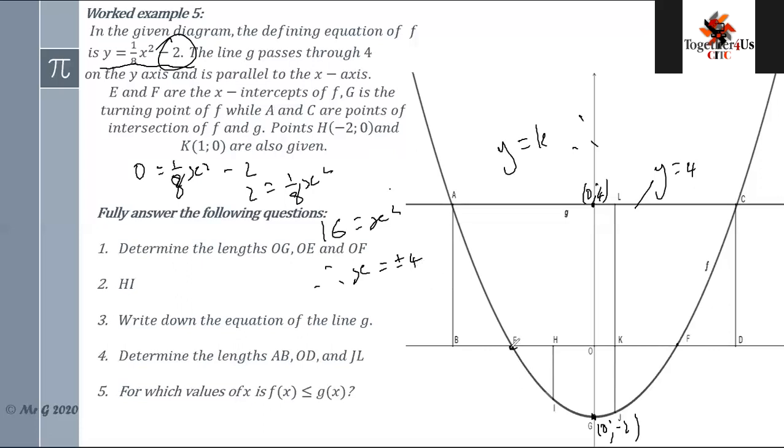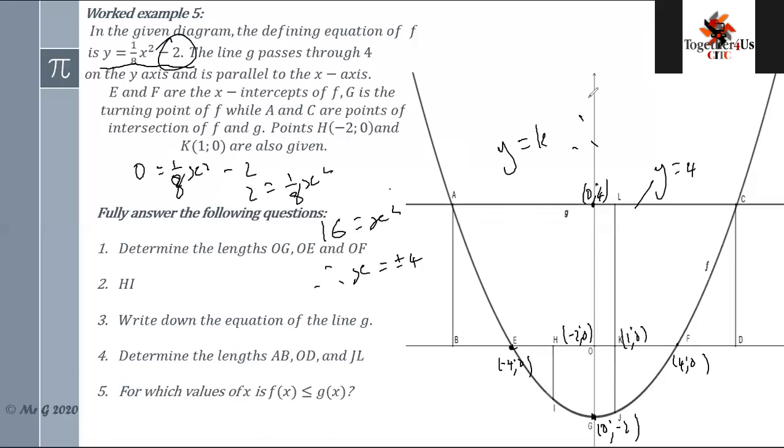So at E here, we're actually having (-4; 0), and at F, we're having (4; 0). See how I'm using the information to get some light on what is going on in my graph. I'm given point H, which is (-2; 0), as well as K, which is (1; 0).